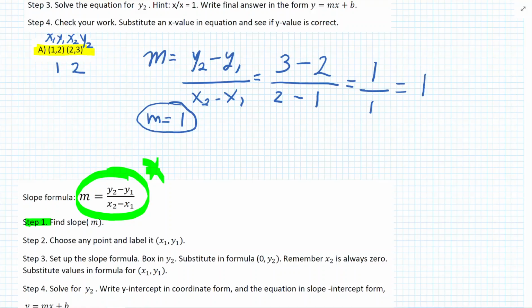Now, I have a question for you. Does the slope of positive 1 look like this, or does it look like that? Well, the answer is it goes up to the right.